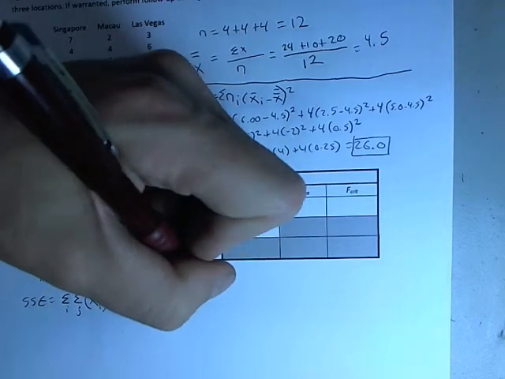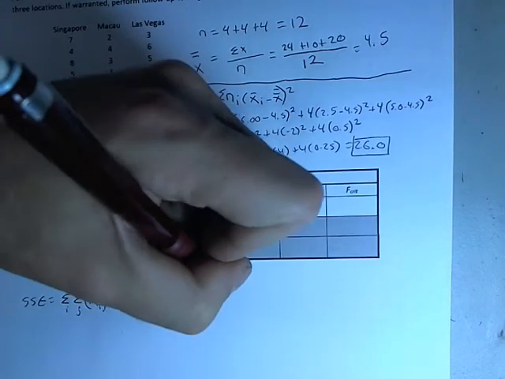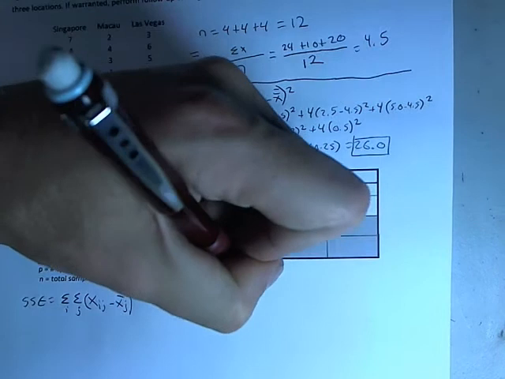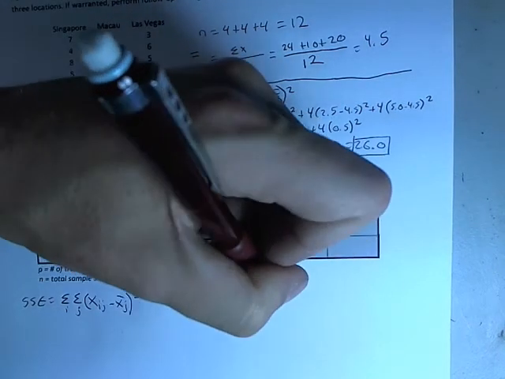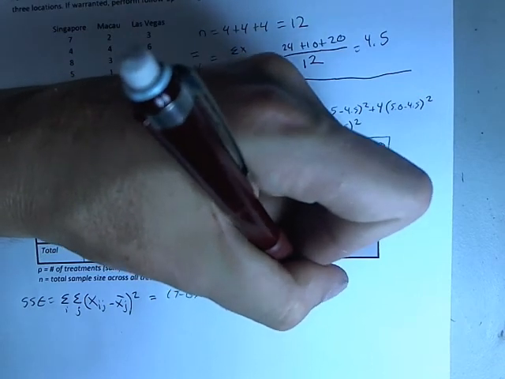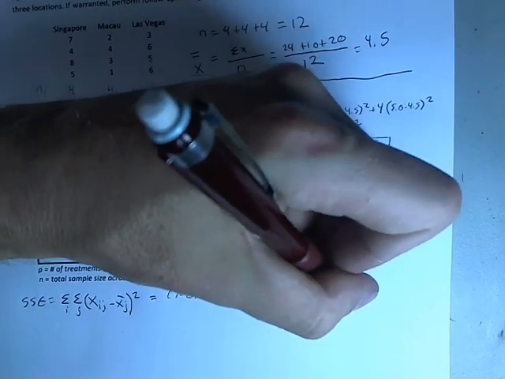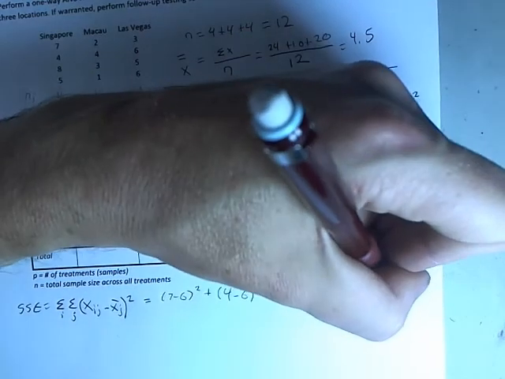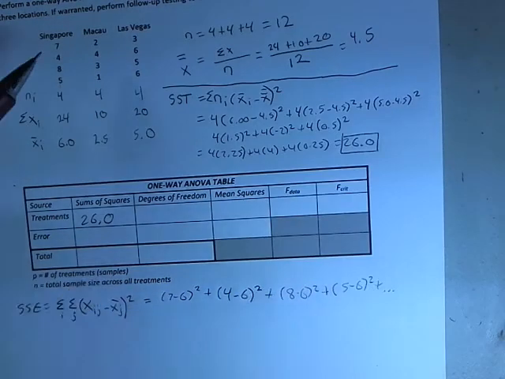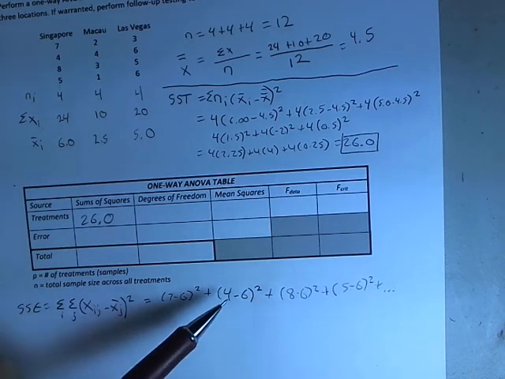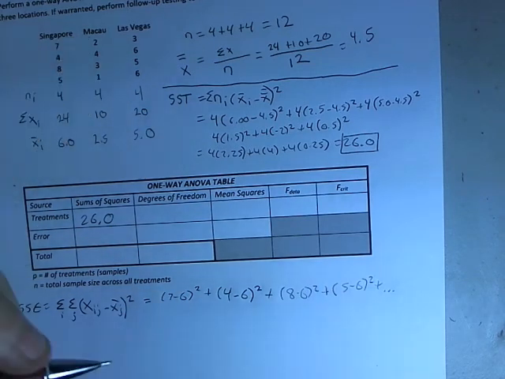So 7 minus 6 squared plus the second value up here, which is 4 minus that sample mean, 4 minus 6 squared, plus 8 minus 6 squared plus 5 minus 6 squared plus, and I'm not going to document all of these steps, so we'll have 8 more square differences to include in this.